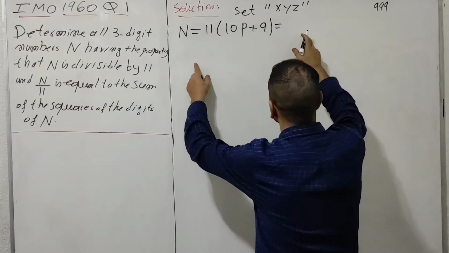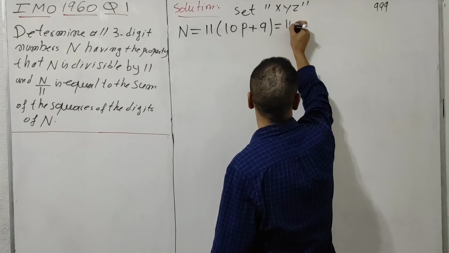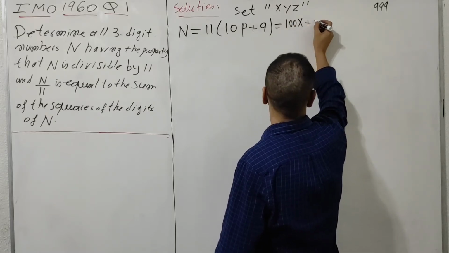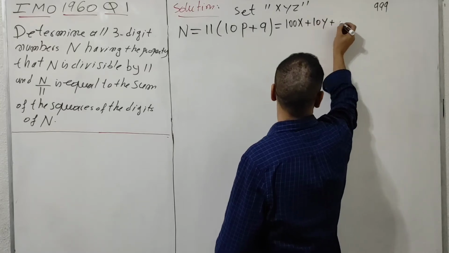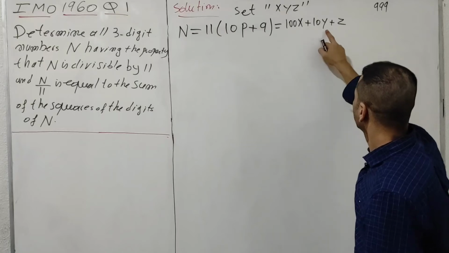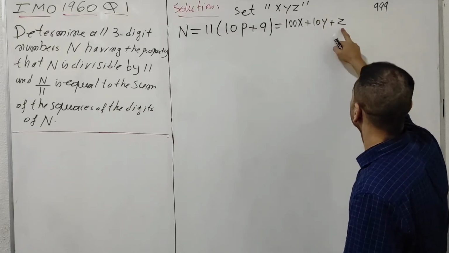So wherever you replace p and q, this equation verifies the statement. Also, this number can be written in another form. For example, this one can be written as 100 multiplied by x plus 10 multiplied by y plus z. This term represents the hundreds digit, this term the tens digit, and this term the ones digit.